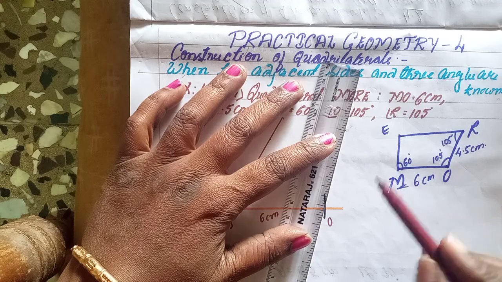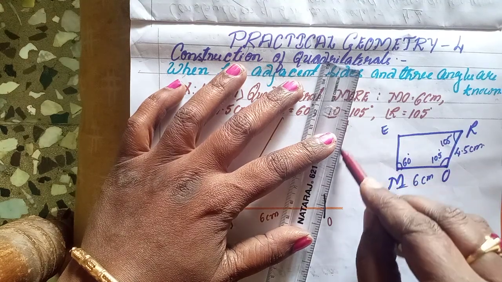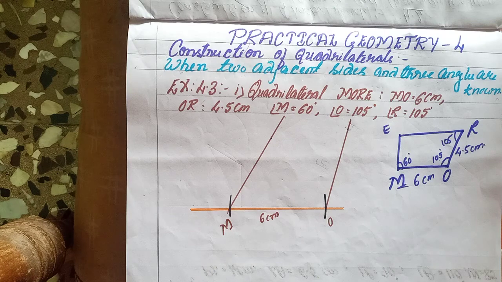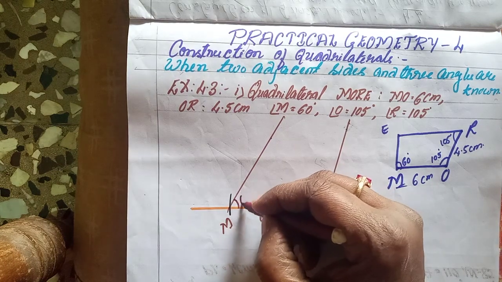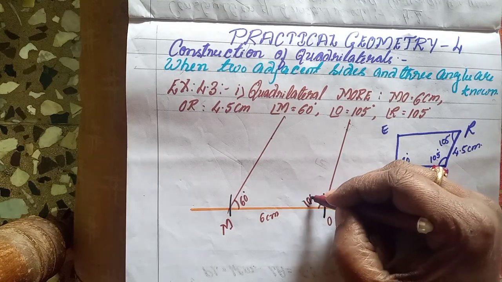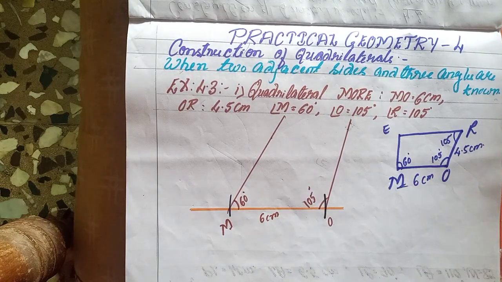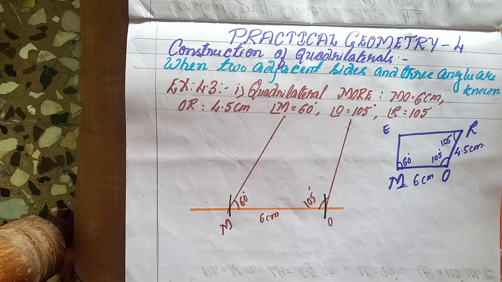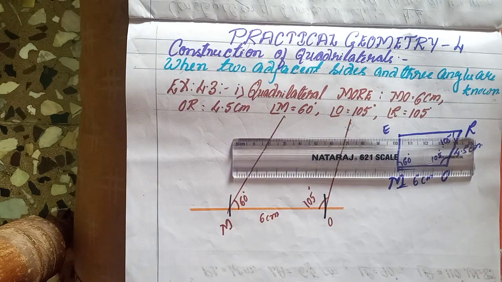It is better, students, if you do along with me. It is very easy to do. Here how much is the angle? This is 60 degree and this is 105 degree. We got it. And the measurement of adjacent sides: MO is 6 centimeter and OR is equal to 4.5 centimeter.